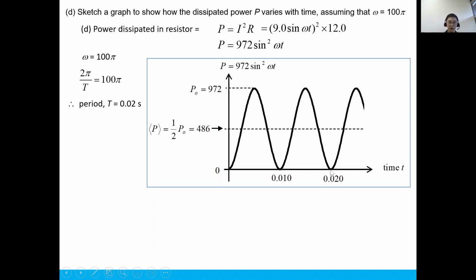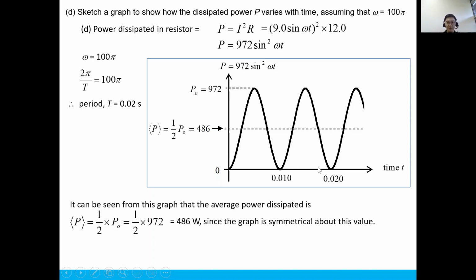And of course, the last thing that I wanted to remind you is that the bottom of the graph is curved. And the average power is half of the peak value, so 486. If you combine what you've learned from parts B and C, this is what we get.